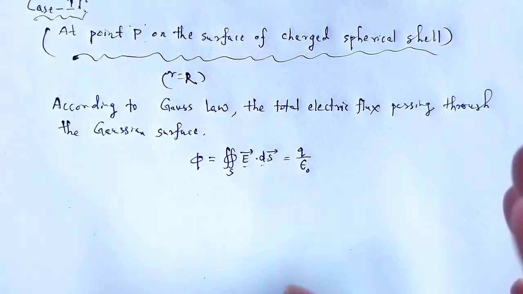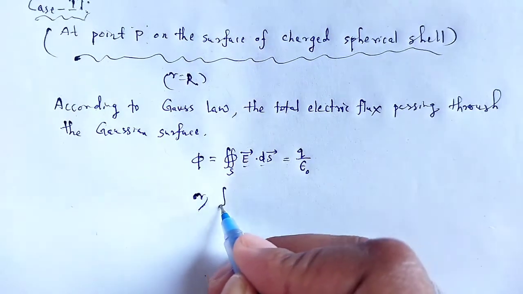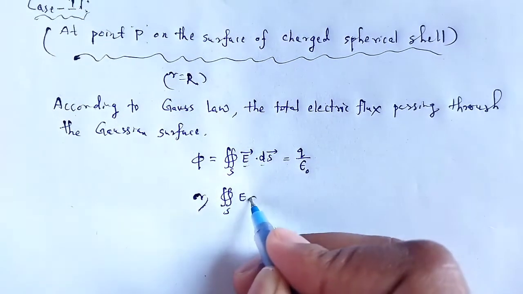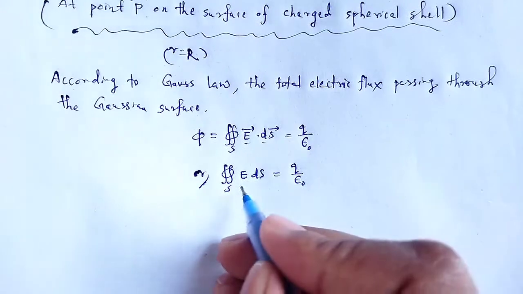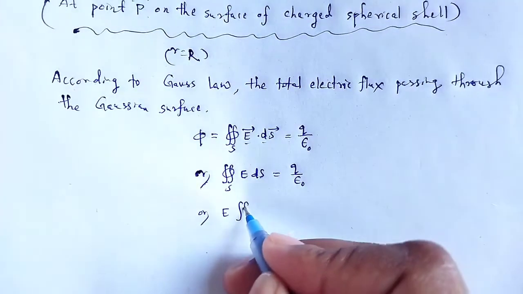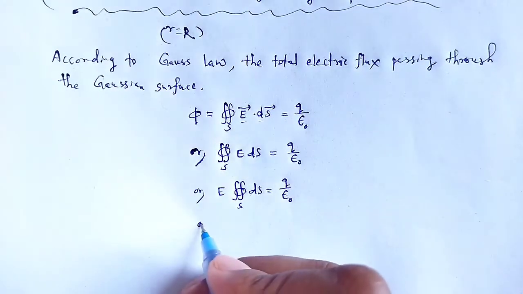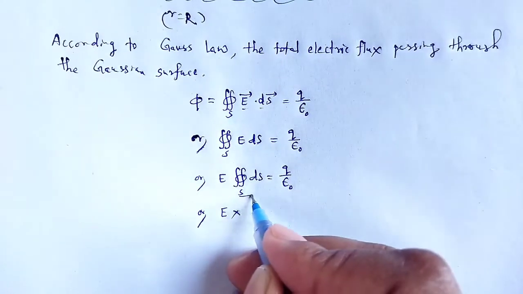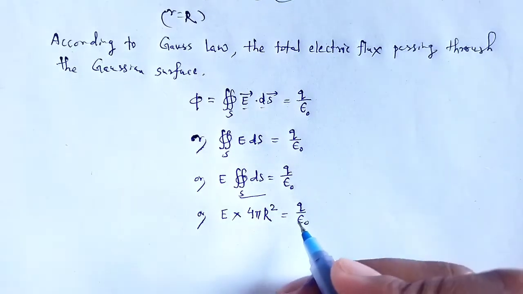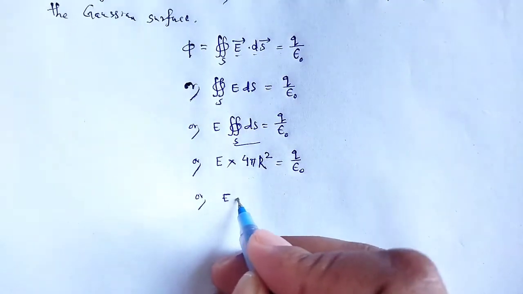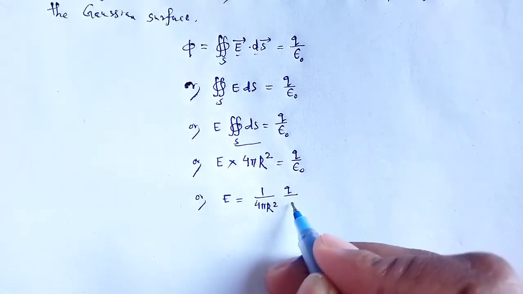Again E vector and ds vector are parallel with each other, therefore E dot ds is E ds cos 0, which is 1. So E times the closed integration over S of ds is equal to q by epsilon naught, or E into the total surface area, 4 pi R square, equals q divided by epsilon naught, or E is equal to 1 by 4 pi R square, q divided by epsilon naught.